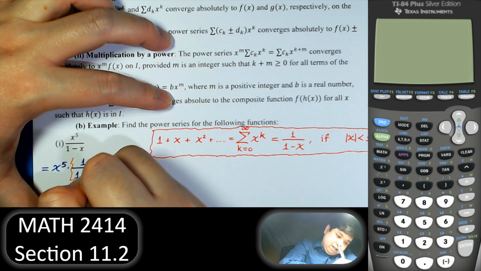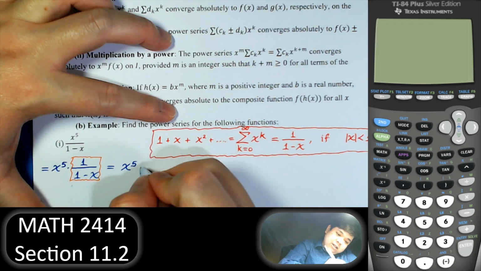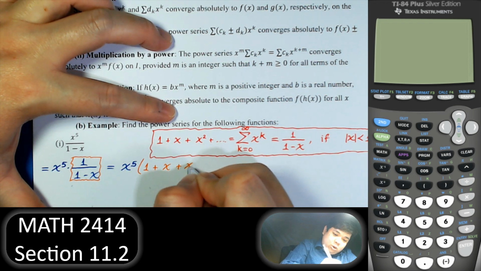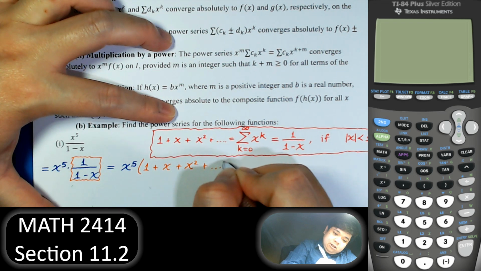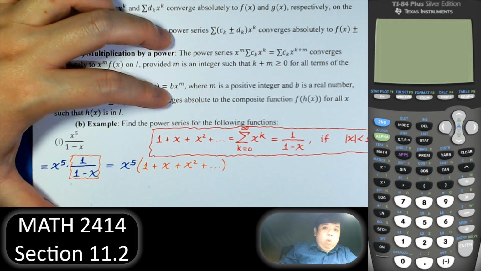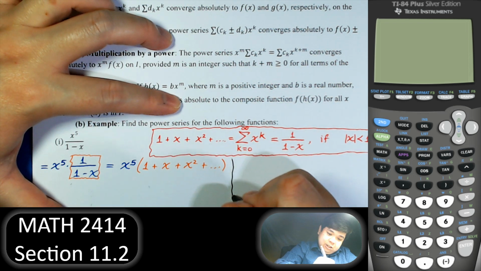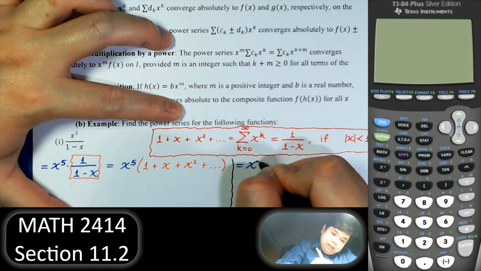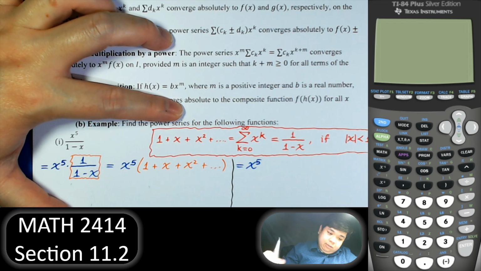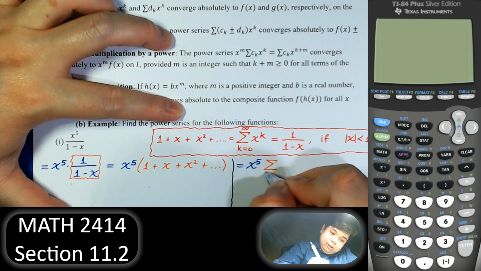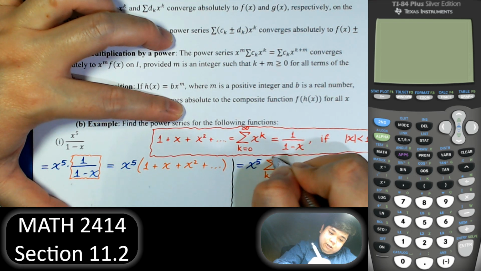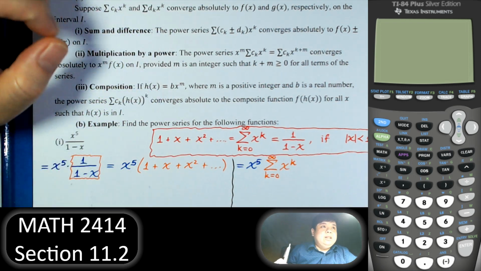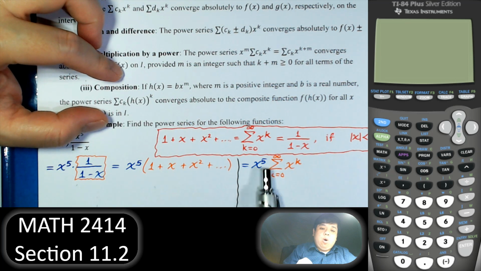So we'll write that as 1 plus x squared, or if we want to, we can also write this as x to the 5th times the power series, the sum of x to the k.